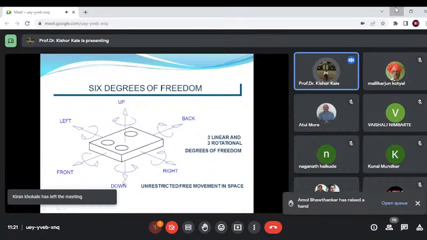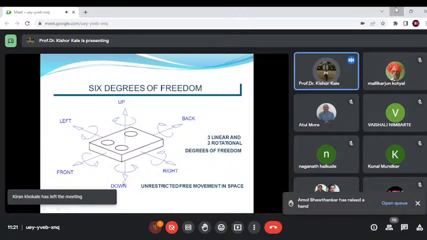That means for plane A we require three points, for plane B we require two points, and for plane C we require only one point, indirectly indicating that three degrees of freedom are locked by plane A, two degrees of freedom are locked by plane B, and one degree of freedom is locked by plane C. So all six degrees of freedom are locked by these three datums, ensuring that whatever manufactured part there is, it is fixed with reference to the system, and now you are ready to measure the size and shape.